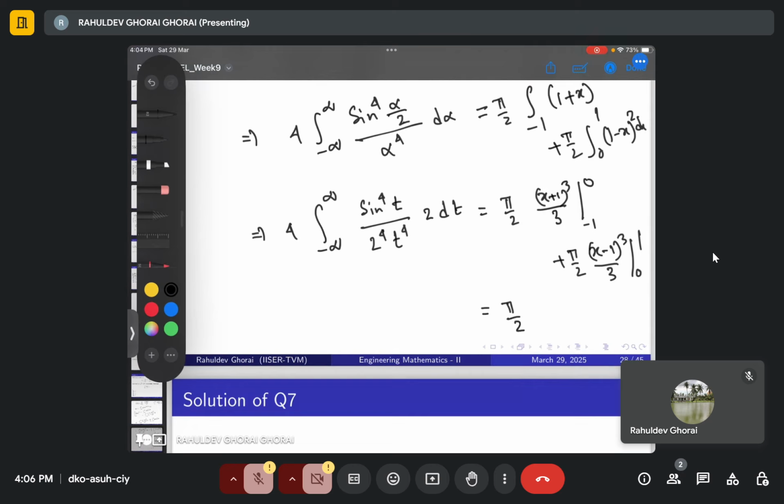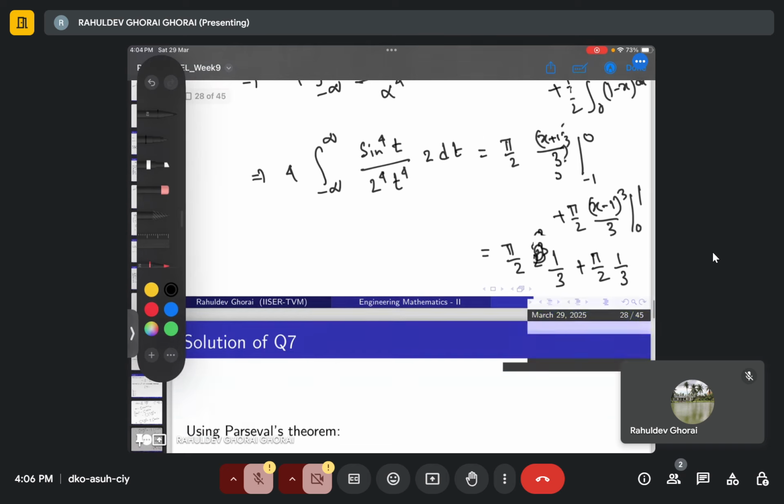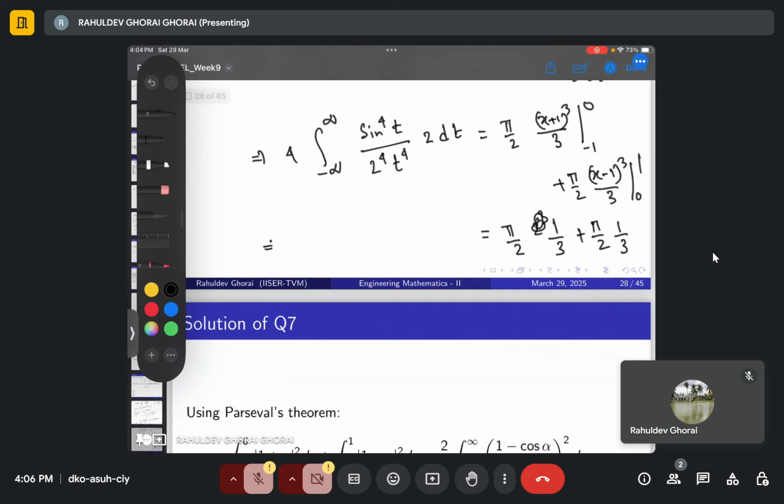That is equal to pi by 2 times 1 over 3, minus pi by 2 times minus 1 whole cube, again 1 over 3. So what does that imply? Here 2 and 2 square will give you 1 over 2, and that will go inside.